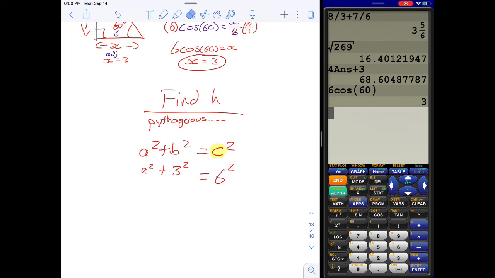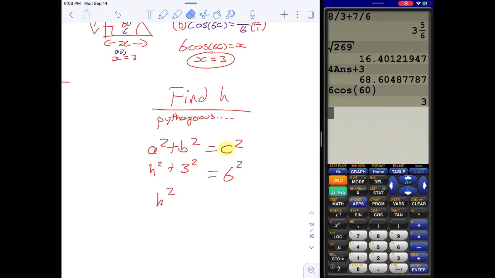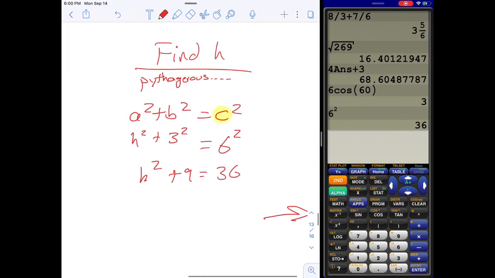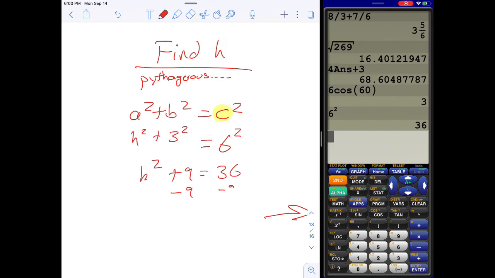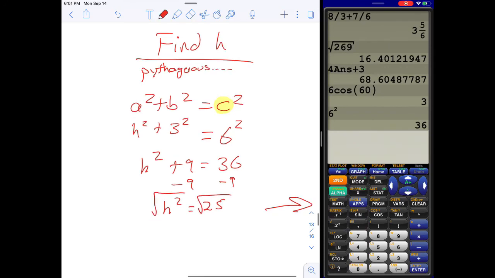So maybe I'll actually make this h here, h squared. So 3 squared is 9. 6 squared is 36. Remember, you have a square button right there, so 6 squared is 36. And then we can subtract 9 from both sides, and we can square root. So remember, how do you square root in your calculator?